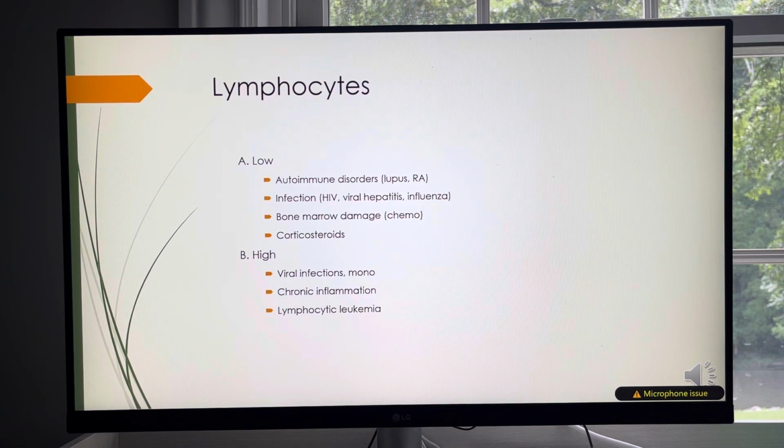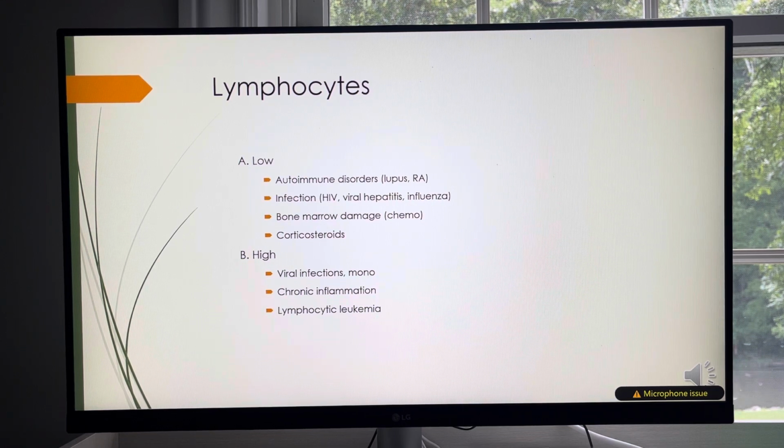What about lymphocytes? The thing I want to focus on in this slide is lymphocytes are usually elevated during a viral infection, such as mononucleosis. So you see that patient, he's got 3 weeks of whatever, but there's just no overt signs of bacterial infection.